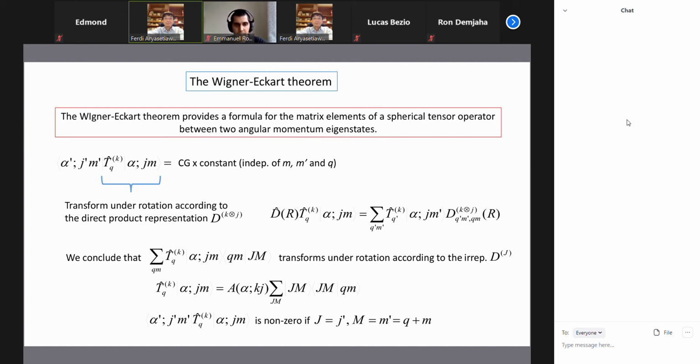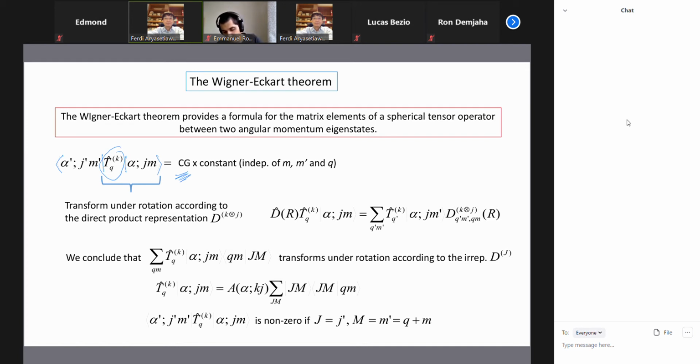So we have tensor operators here, and two angular momentum eigenstates labeled by J prime M prime and JM. And we can show that these matrix elements can be written as a product of the Clebsch-Gordan coefficients.